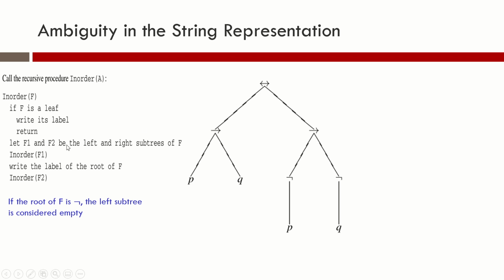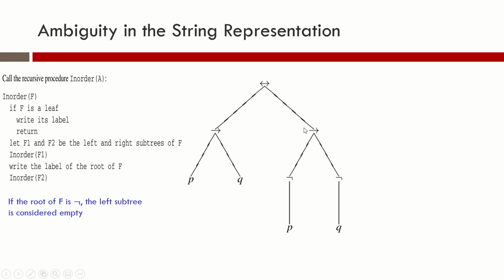We reach here, we write the label at the root of F and then call in-order on the right subtree. When we call in-order on the right subtree, again we have an implies operator. We call in-order on the left subtree of the implies operator, and we have a negation. Negation is a unary operator, and since its left subtree is empty, we write the label at the root, which is negation, and then we perform in-order on the right subtree.